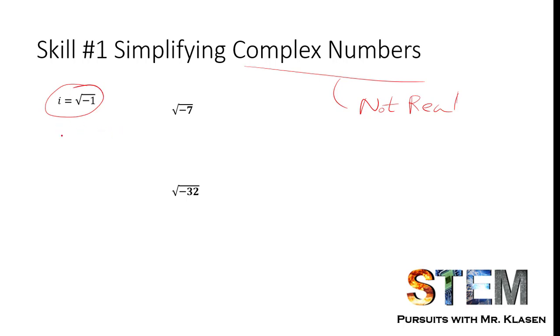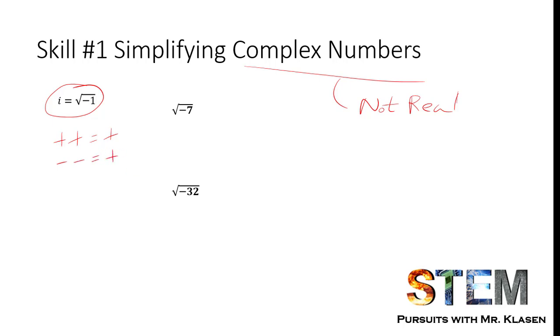And whenever we encounter these values, we refer to these as imaginary numbers, because you can't multiply two numbers that are the same together and get a negative number. You multiply two positive numbers, you will always get a positive number. And if you multiply two negative numbers together, you will always get a positive number.